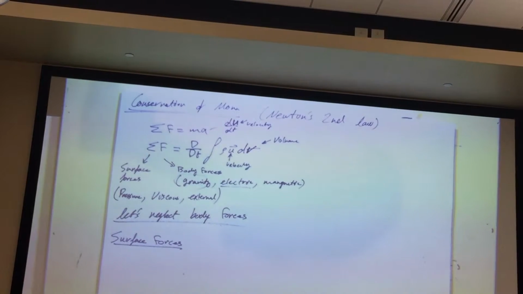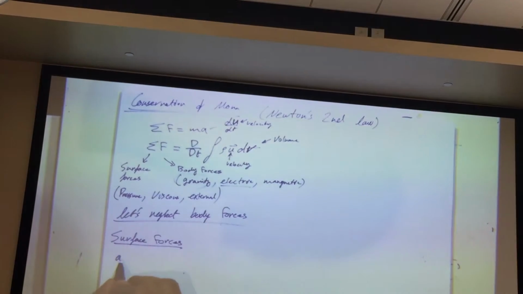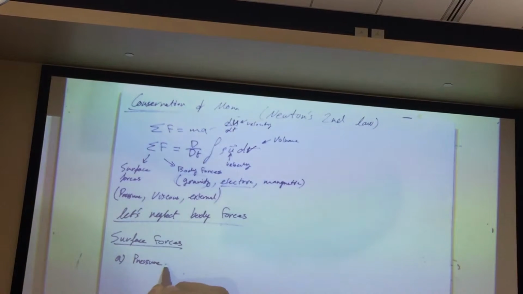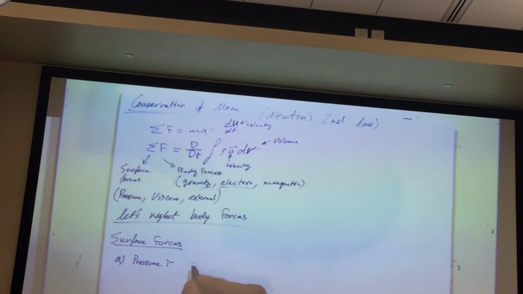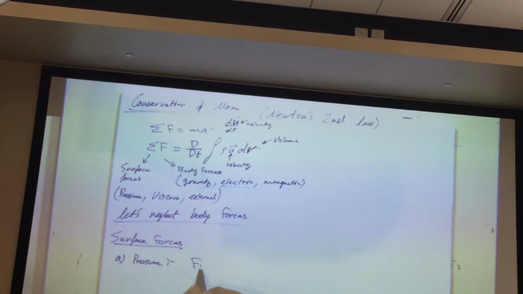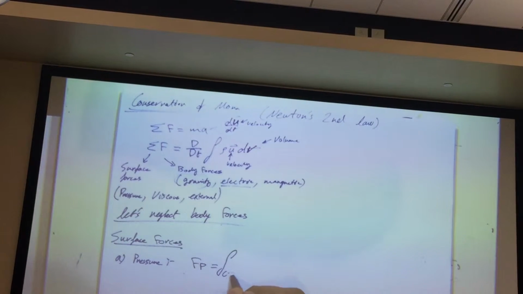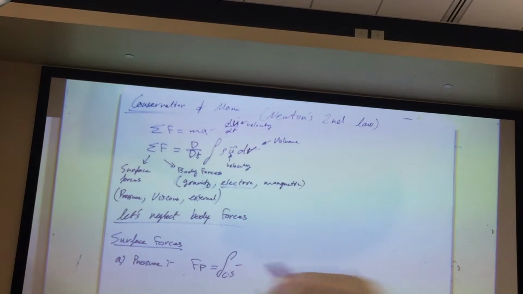And the first surface force is pressure force. That's simply pressure integrated over area. The force associated with pressure is equal to the integral over the control surface of pressure times the normal component, dS.